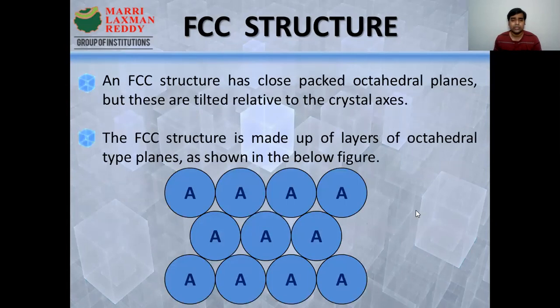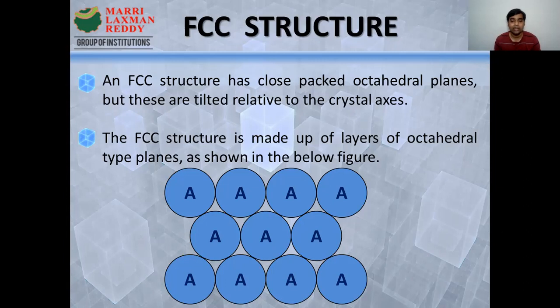Before discussing the unit cell in FCC structure, let us first discuss the stacking of layers in FCC structure. Every crystalline solid has a layered arrangement. In the FCC structure, there is an octahedral plane arrangement. Octahedral plane means the atomic arrangement is as shown in this slide.